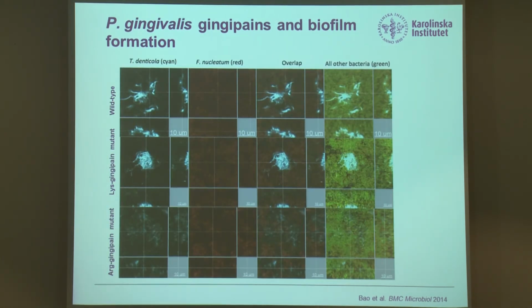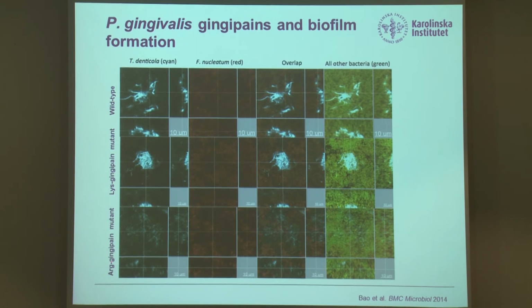We further looked at structural characteristics of other species, and we were able to find out that Treponema denticola, in particular, when the wild type P. gingivalis was present, or when the lysine gingipain mutant was present, was forming this kind of wheel-shaped bulky aggregates.